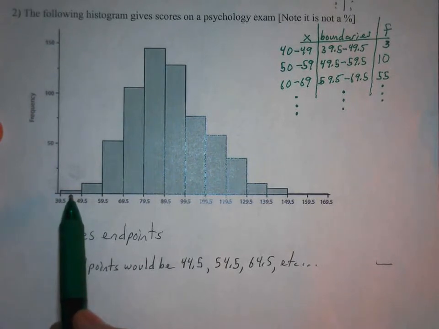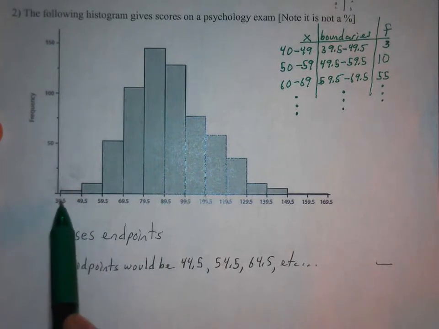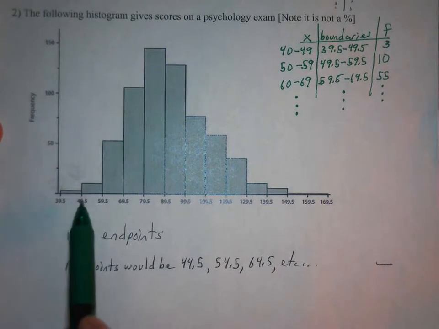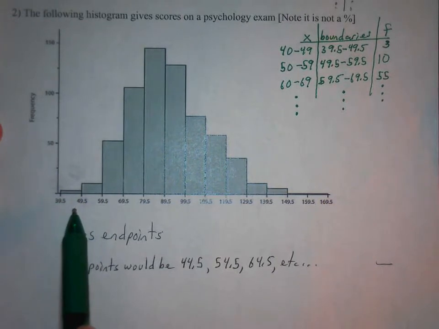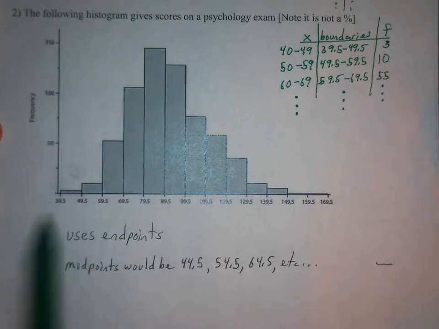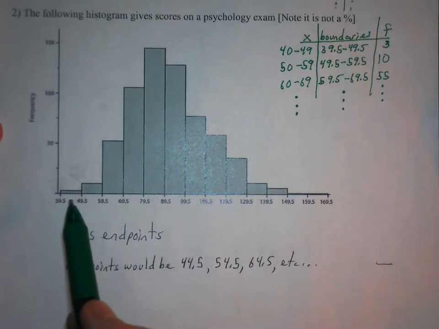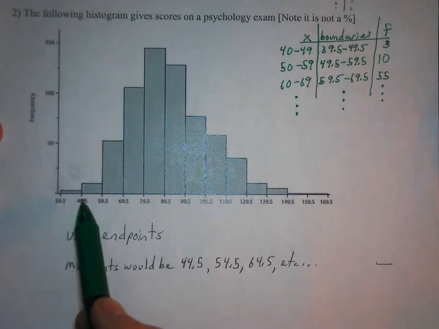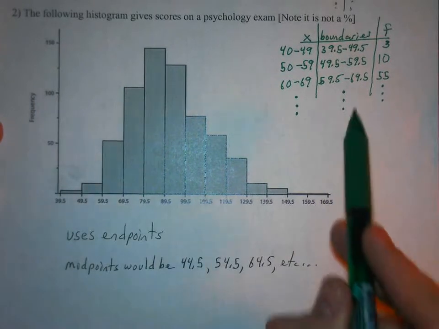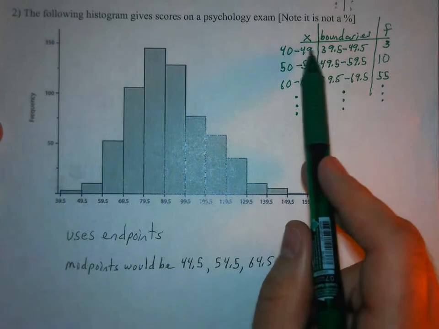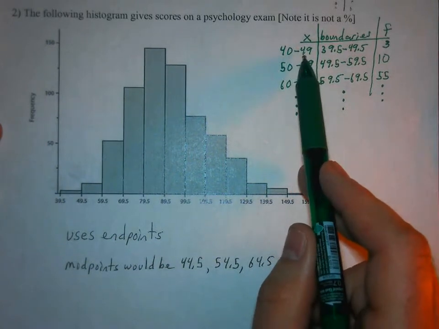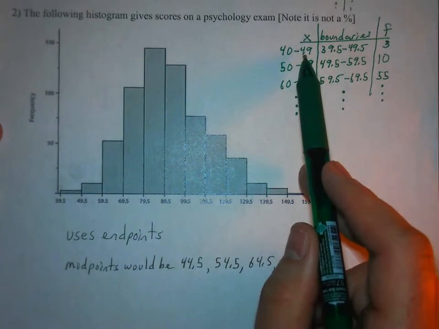How this one is a little bit different is, when you look at the boundaries or the endpoints of the intervals, they label 39.5 and 49.5. Assuming you can only get a whole number, meaning a non-decimal score, that interval from 39.5 to 49.5 would include anybody who scored between 40 and 49 on the exam.